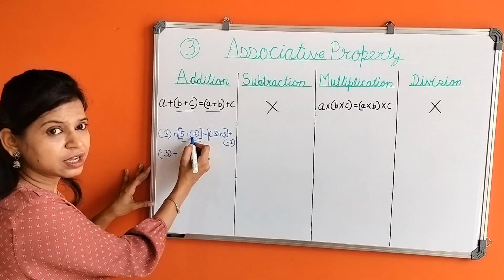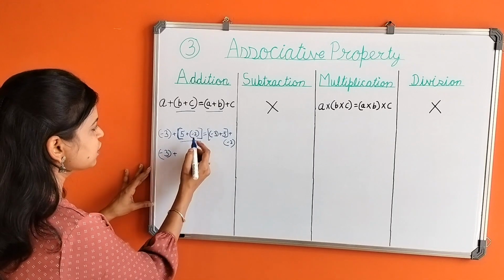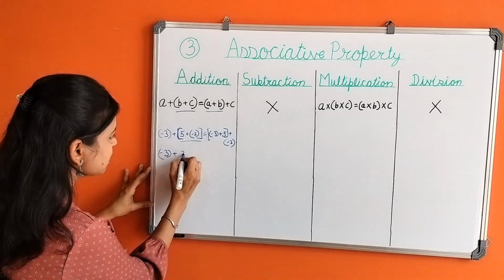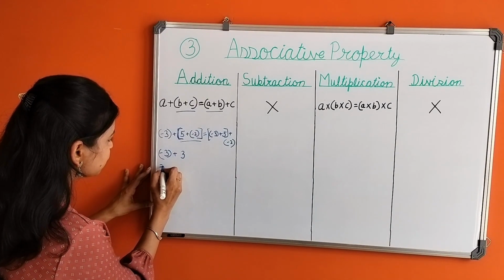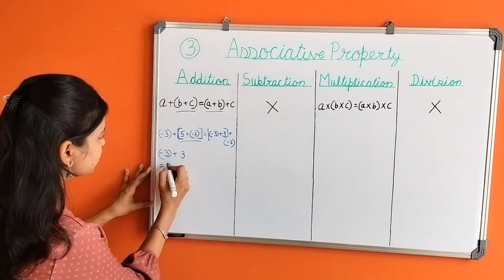5 and -2, we will add. Both have different signs, so we will subtract. 5 minus 2 is 3, so -3 plus 3 is 0.